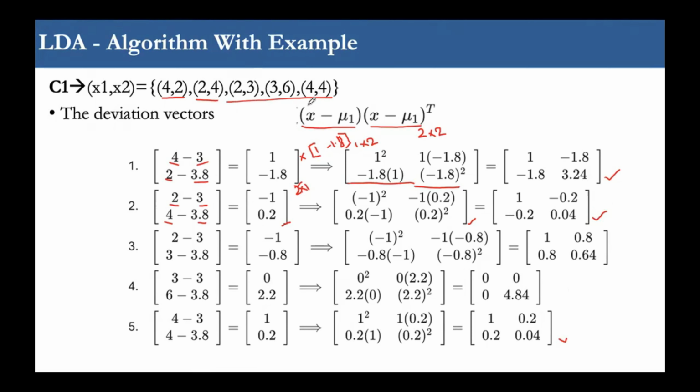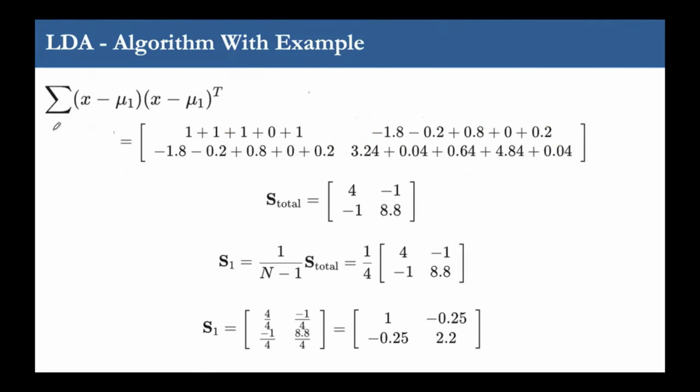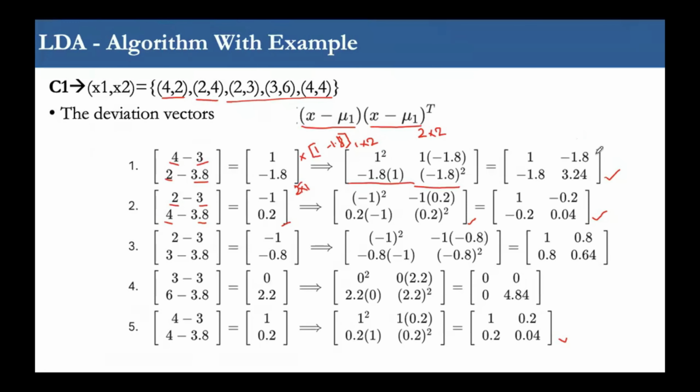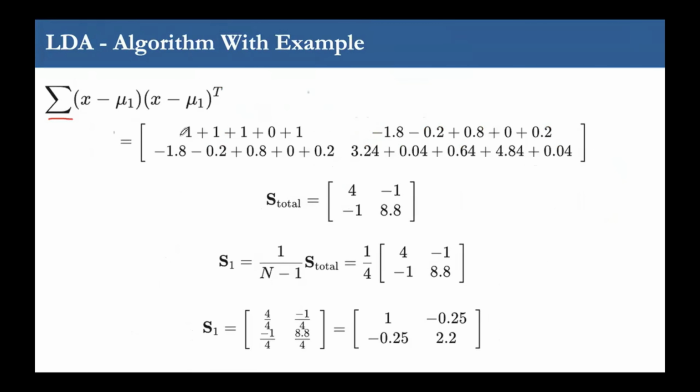After doing this, we need to do the summation of x minus mu1 into x minus mu1 transpose. How to get the summation? For the 1, 1 position, it is 1 plus 1 plus 1 plus 0 plus 1, as given here.